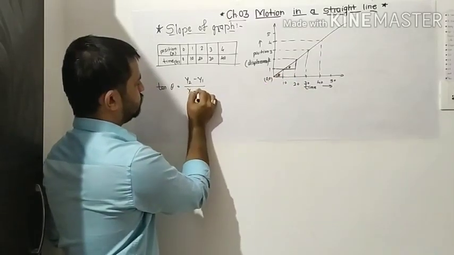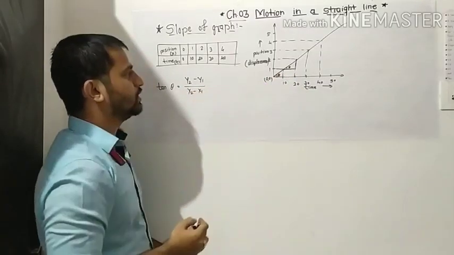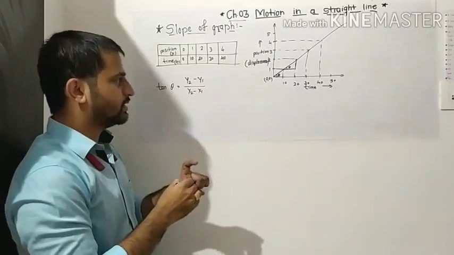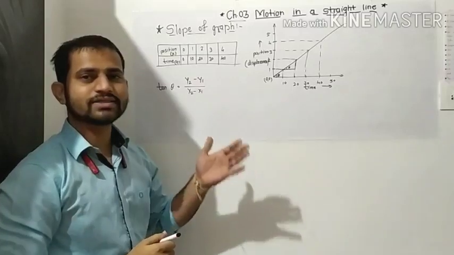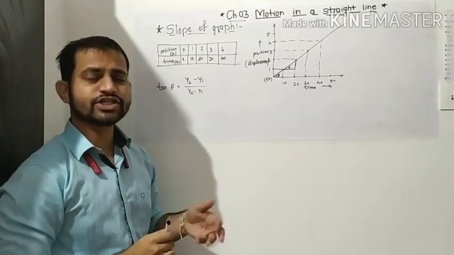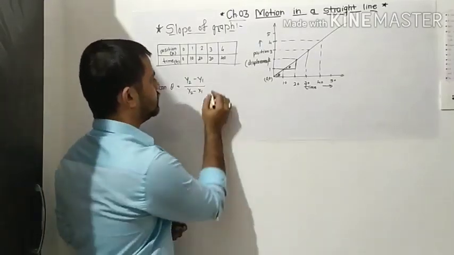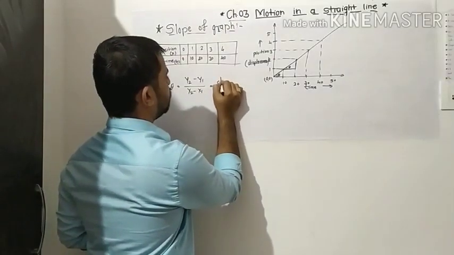What does y2 minus y1 indicate? It is nothing but the change in position.